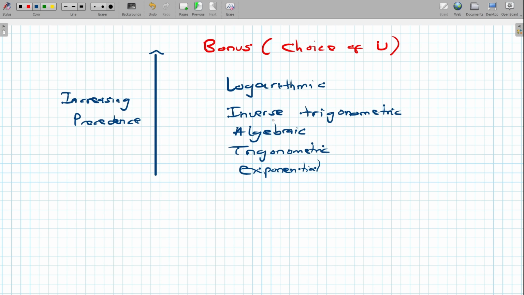Anything that is up on the list has a higher precedence, and that is the choice that you're going to make. Algebraic here is maybe something like root of x, t squared. If you look at how we've solved these particular problems, you see that I actually had this in mind. You see that we've respected everything that we've written here.